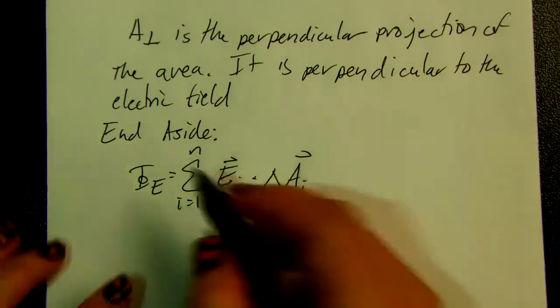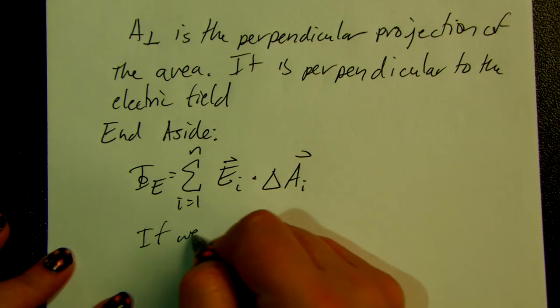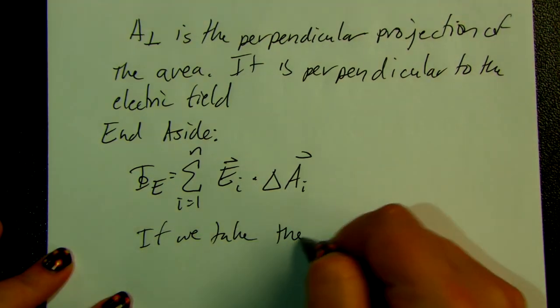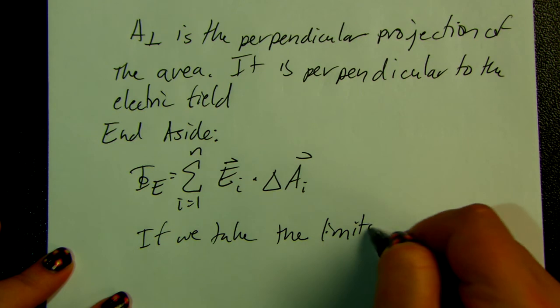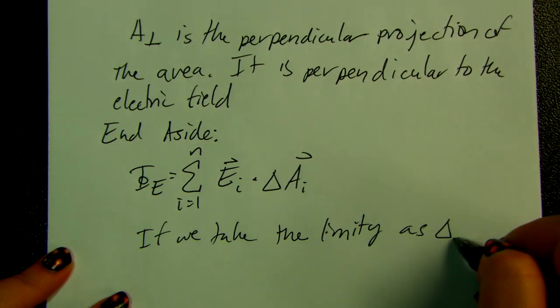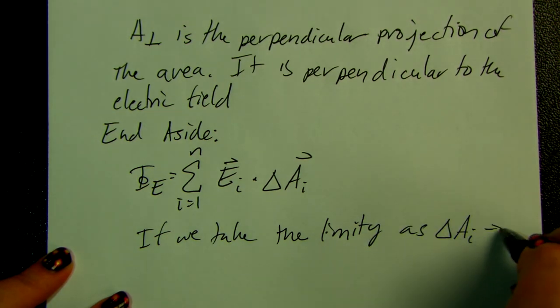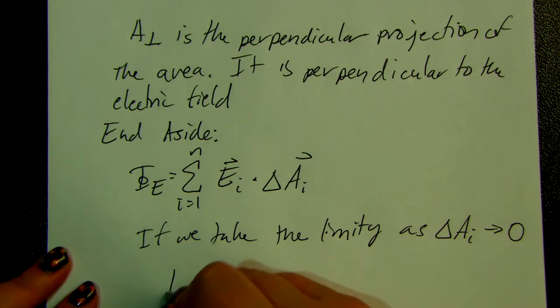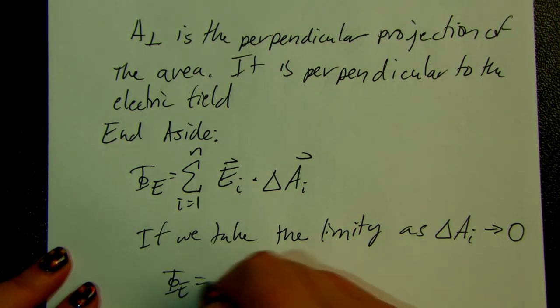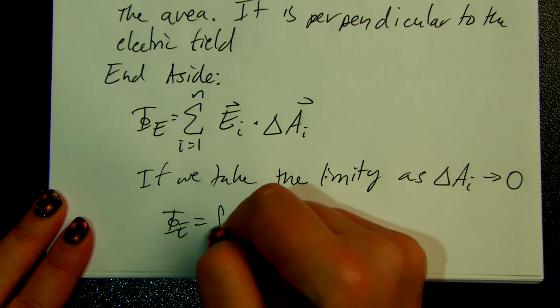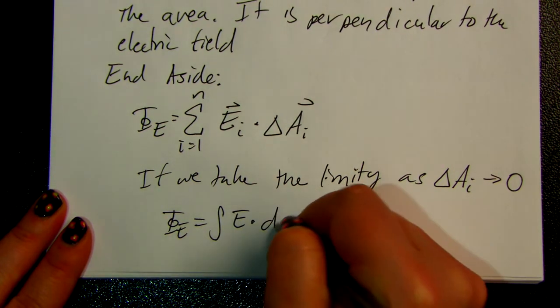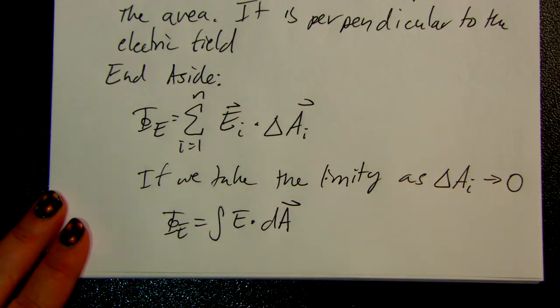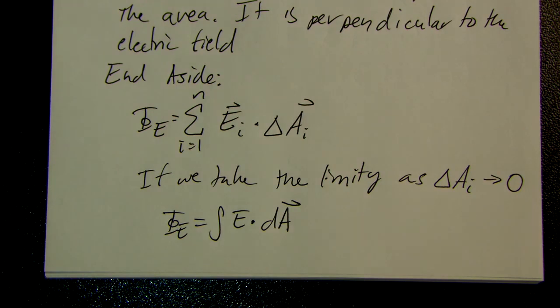And then if we take the limit as delta A_i goes to 0, then flux is equal to the integral of E dot dA, which is, of course, our sum. And this is Gauss's law.